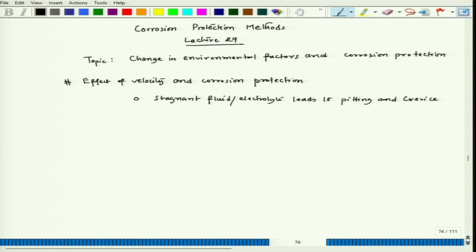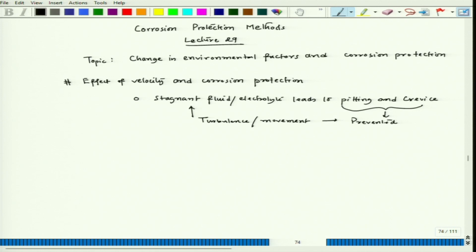That suggests that if we have some sort of turbulence or movement, then these two localized forms, which are extremely dangerous forms of corrosion, can be prevented. So it suggests that an increase in velocity can be beneficial to the material when we have pitting and crevice kind of corrosion.